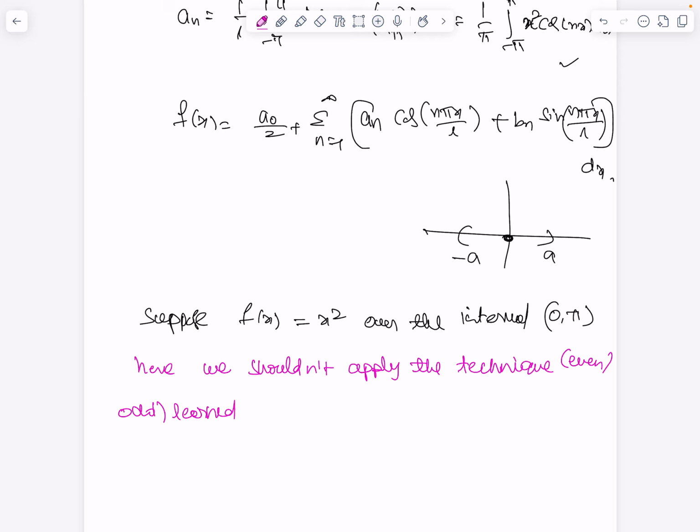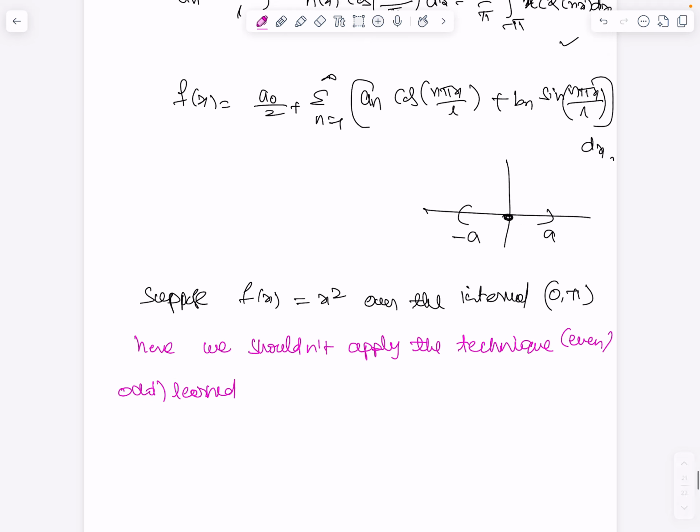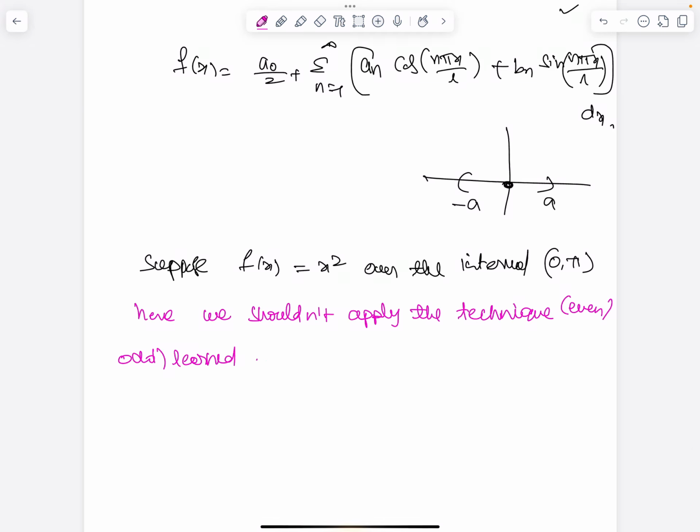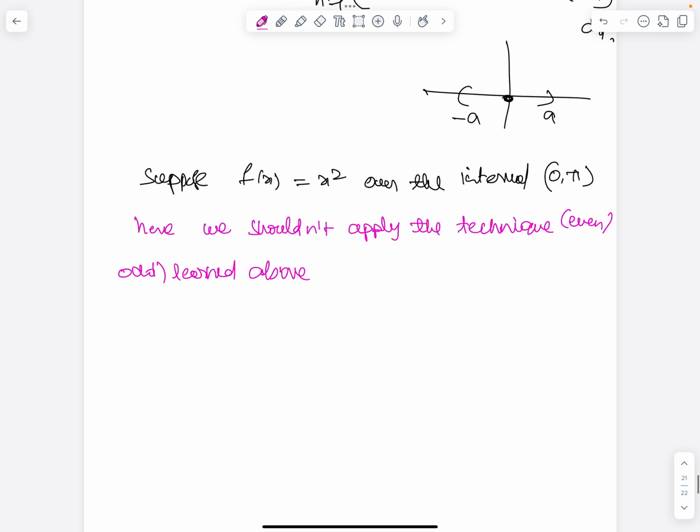Suppose f of x equal to x square over the interval 0 to pi, then here we should not use the technique learned above, that is f of x equal to x square is an even function.